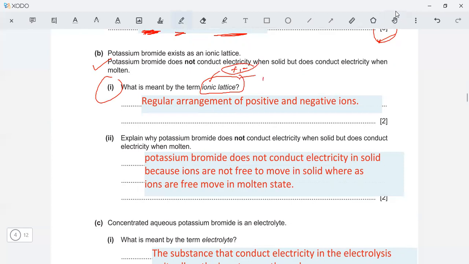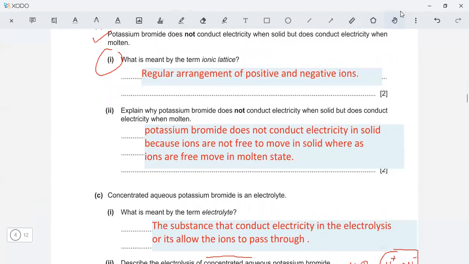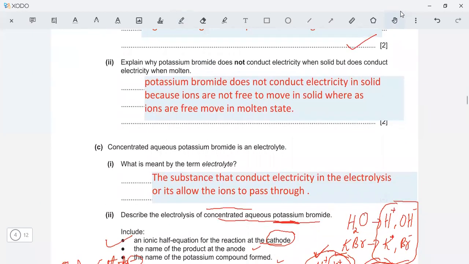Lattice means a regular arrangement, a pattern or arrangement. So ionic lattice means a regular arrangement of positive and negative ions. That is known as an ionic lattice. Clear?